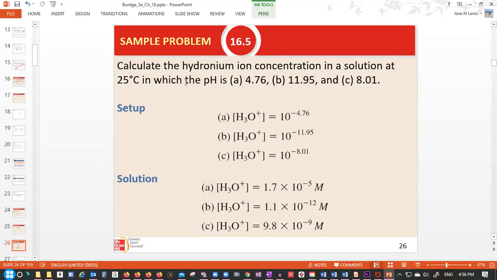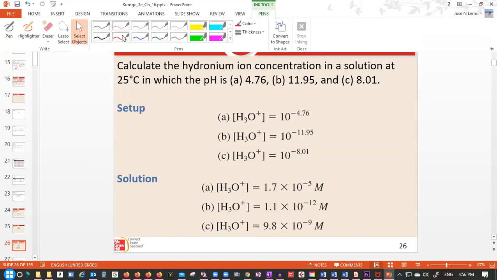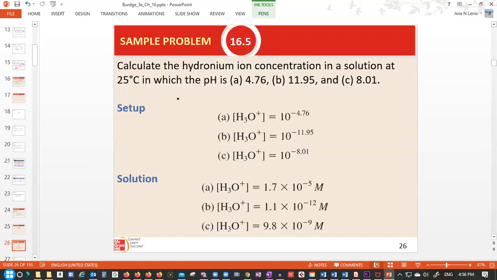So let's calculate the concentration of hydrogen ion when we know the pH. So if pH is 4.76, you write it down. So you say pH equals 4.76.